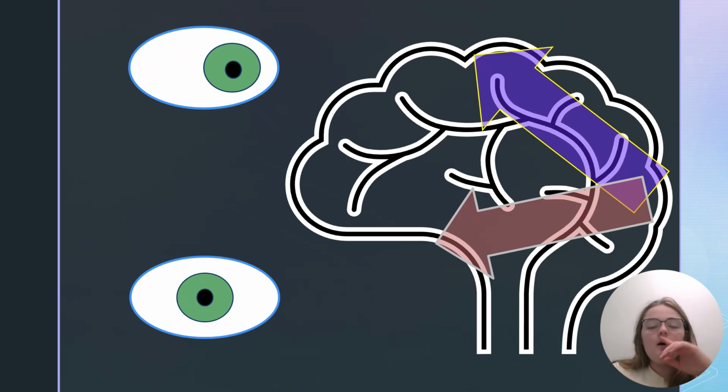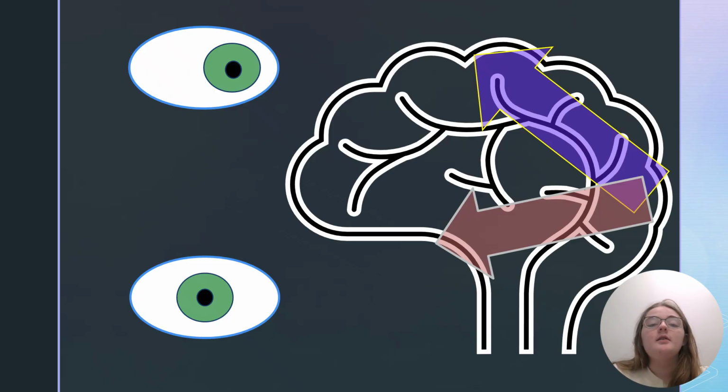But the ventral stream is taking visual input from the central vision, and where visual efficiency skills come into play with that, we have fixation occurring in your central vision. Fixation is just where you're focusing on one object and your eyes have a stable gaze on one object or one target when you're reading, for example.